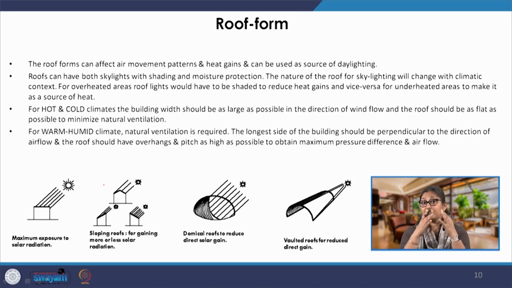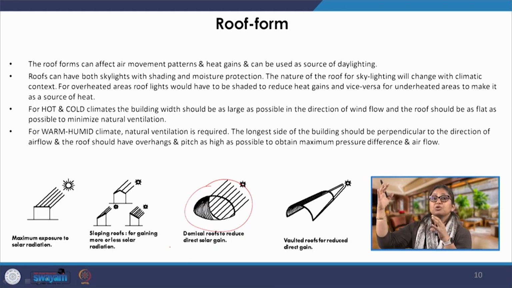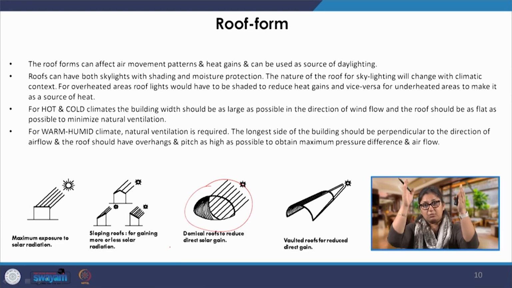Then we also have to select the roof form. If it rains heavily, then we will have sloping roofs, but in addition to that, we will also be looking at the amount of solar radiation that comes. If we have a domical roof, we will only have a portion of the roof exposed directly to solar radiation at a given point of time in the day, except when the sun is absolutely above our head, absolutely vertical, when the entire roof will be receiving radiation.